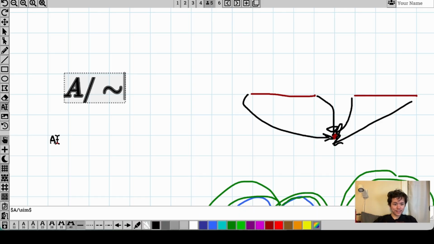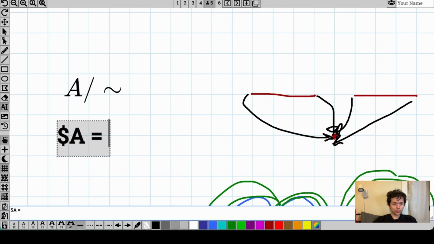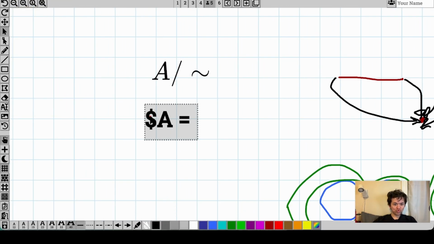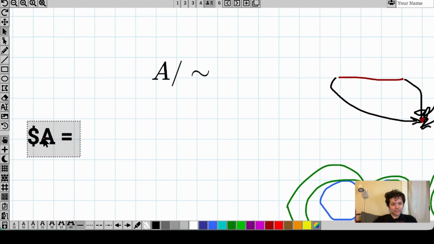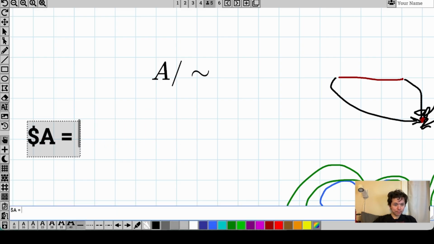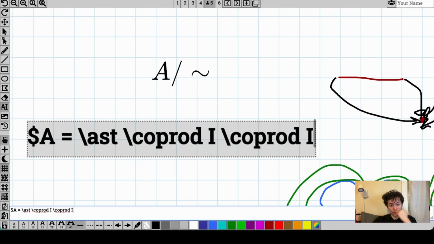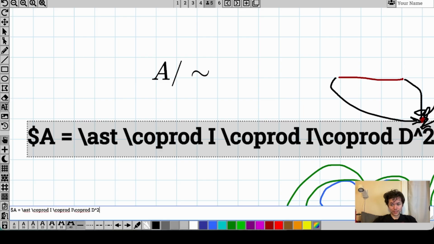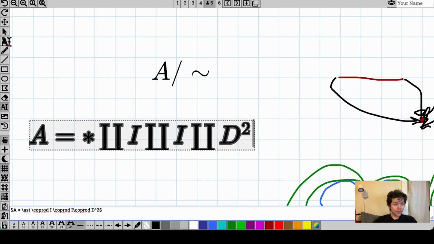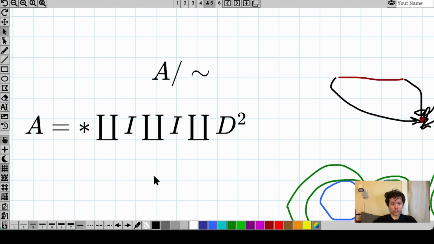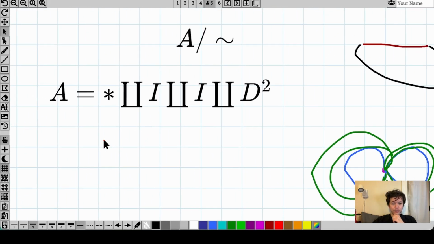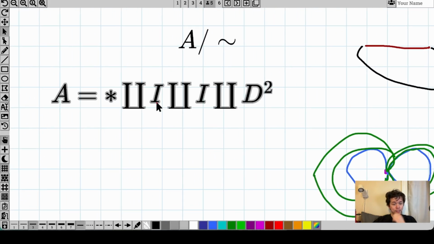In this case, the set A was equal to a point, which we'll write as ast, two line segments, which we'll write as I because those are intervals, and a disk, which we'll write as D2, which is how a disk is written. So we start with this set, this disjoint union, which was our point, our I, and D2.